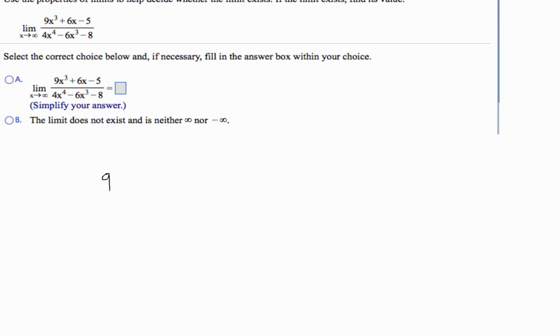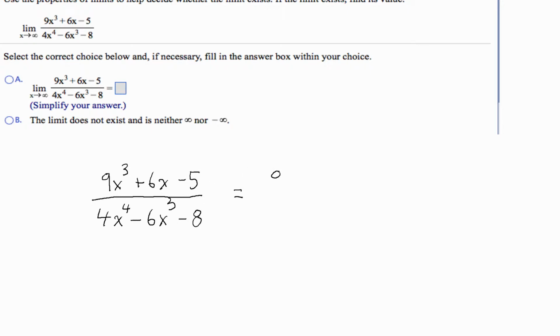If I take 9x cubed plus 6x minus 5, divided by 4x to the 4th minus 6x cubed minus 8, and I divide the numerator and the denominator by x cubed, I'm choosing x cubed because then I can see what's happening here.